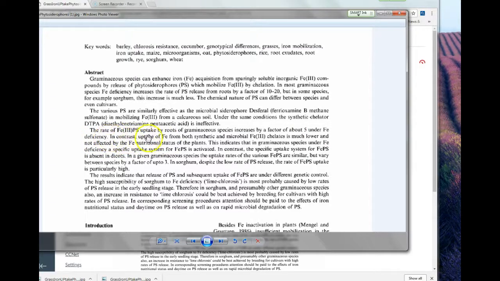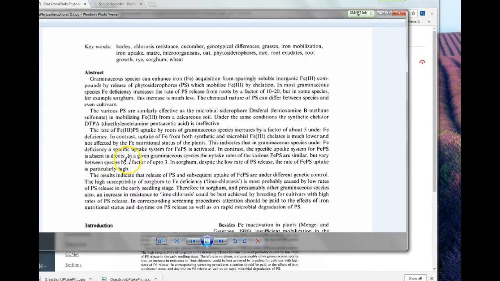In contrast, uptake of iron from both synthetic and microbial Fe3+ chelate is much lower, and it's not affected by the iron nutritional status of the plants. So the research indicates that in gramineous species under iron deficiency, there's a specific uptake system for those iron phytosiderophores that is activated, and this specific uptake system is absent in dicots.